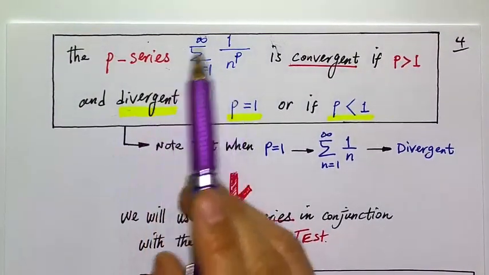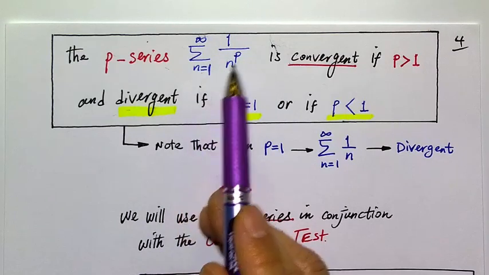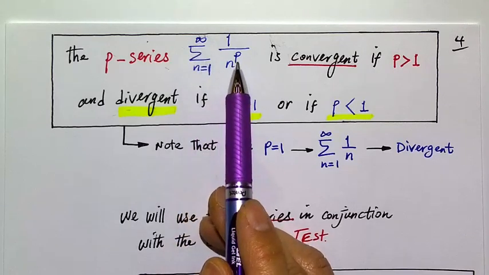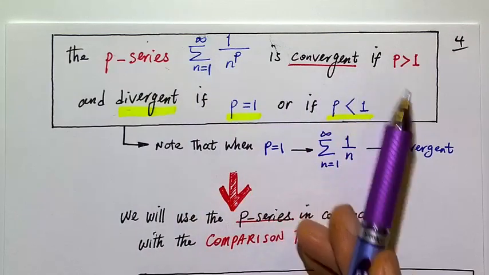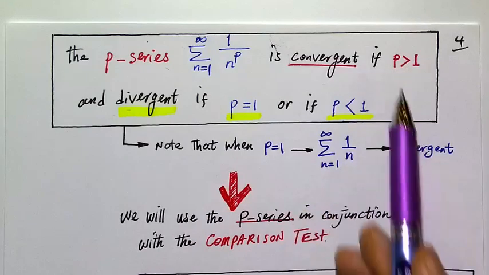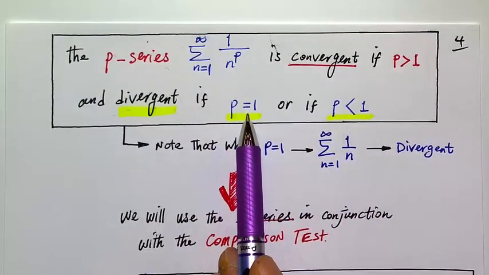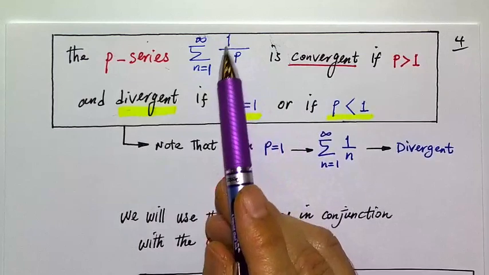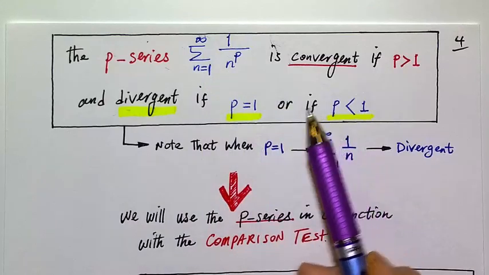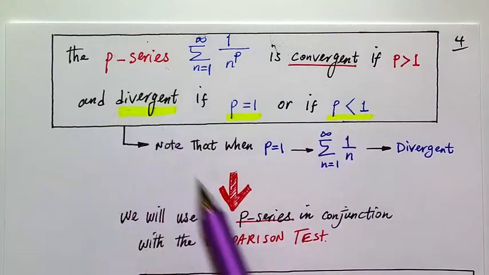The p-series is exactly what you see on the screen here: the series from n equals 1 to infinity of 1 over n to some power p. It is convergent if p is greater than 1. So if it's 2, 3, 4, anything greater than 1, then the p-series is convergent. If p is equal to 1, in other words, the series from 1 to infinity of 1 over n, that is divergent. If p is less than 1, then the series is divergent.